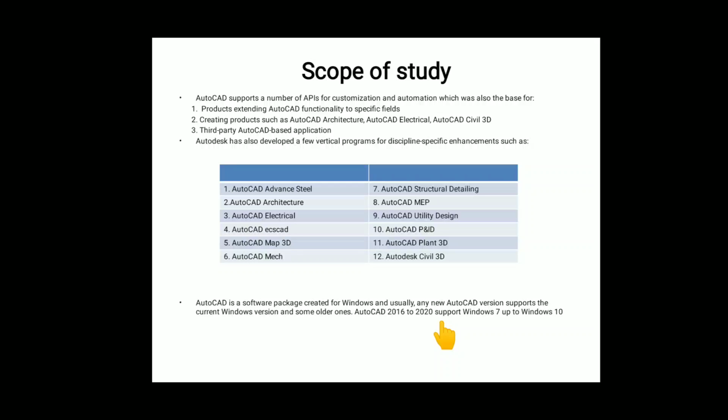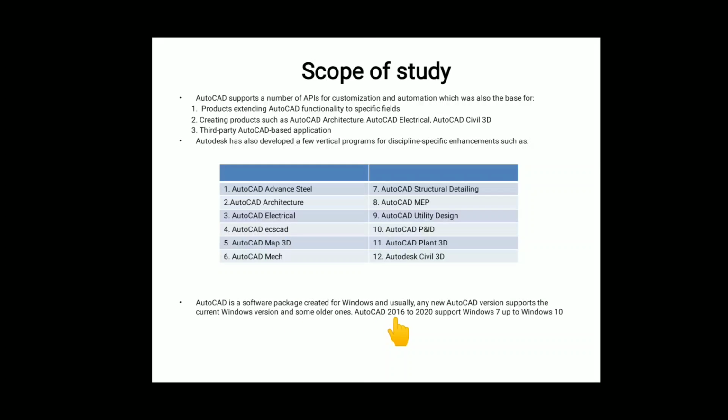So in AutoCAD itself, as of now, we have 12 different versions. AutoCAD is a software package created for Windows, and usually any new AutoCAD version supports the current Windows version and some older ones.